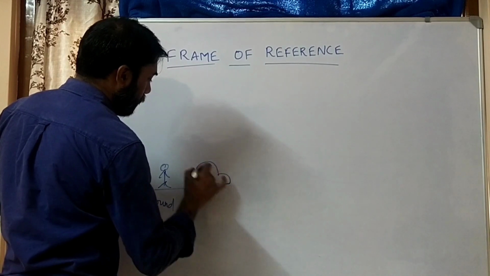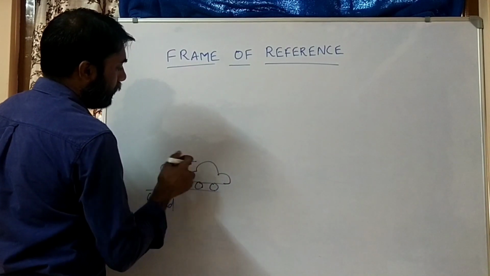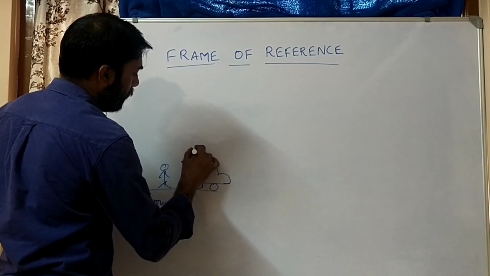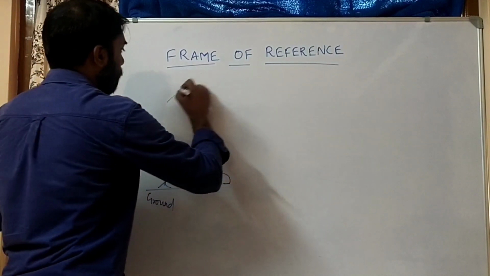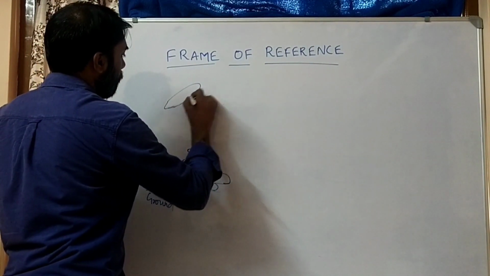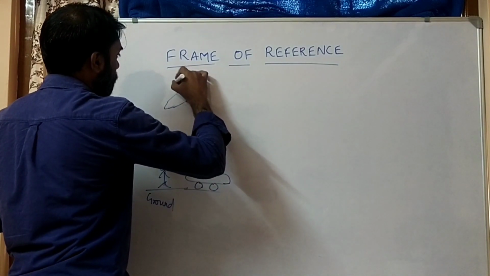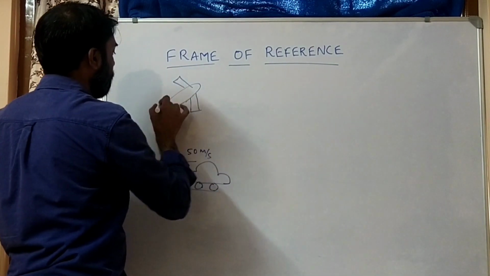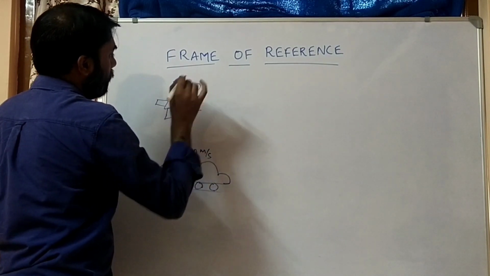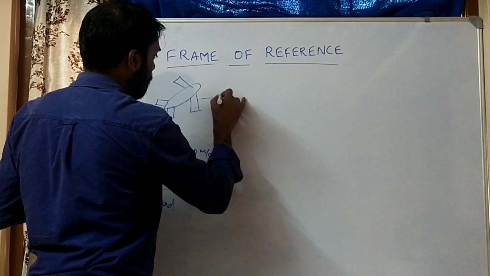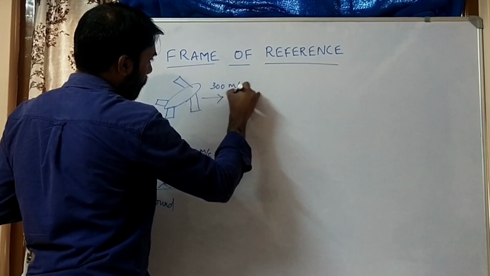Say the car is moving with a speed of 50 meter per second, and we have an aircraft, a rough diagram, bear with my diagram. This is an aircraft. It is moving in this direction with a speed of 300 meter per second.